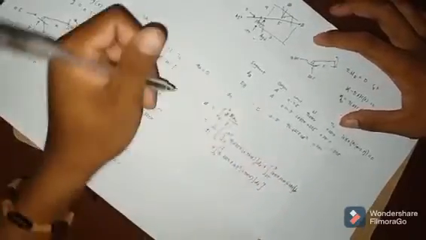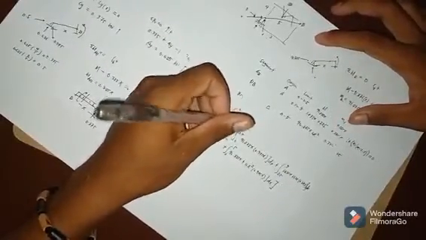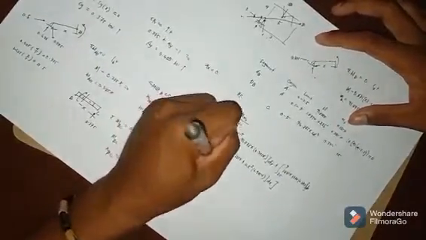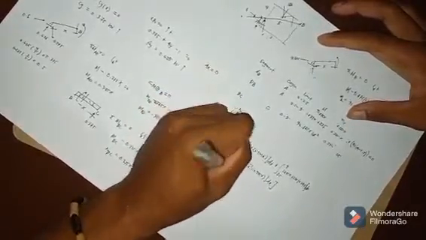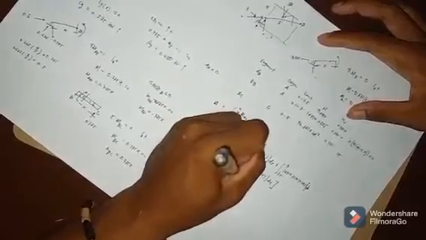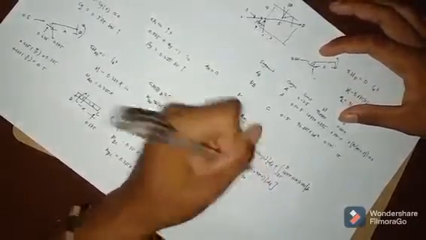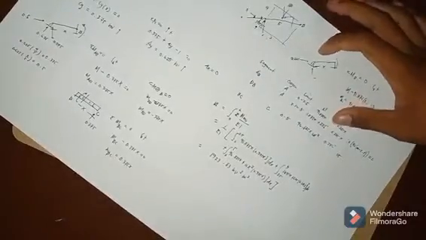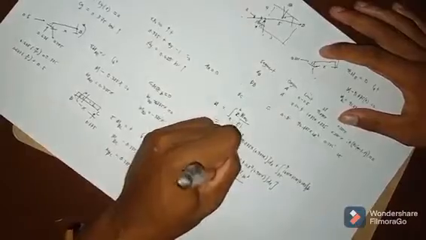Yeah. So in solving this one, we can get 1923.83 kilonewton squared per meter cubed over our EI.